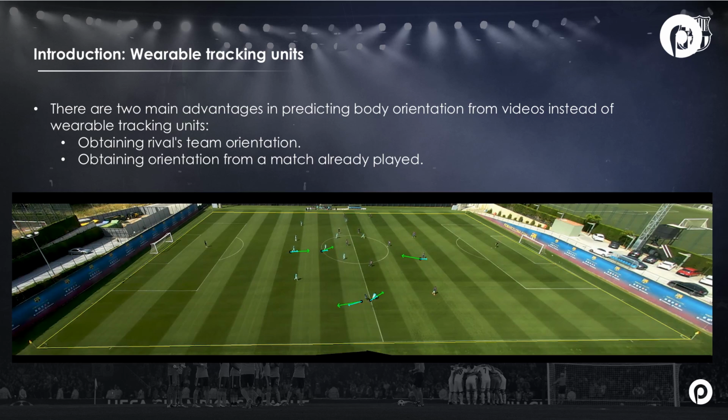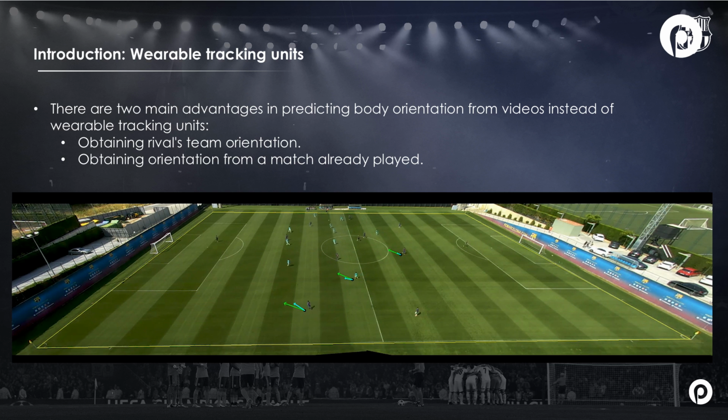On the other hand, we can get body orientation from wearable tracking units, which are the ones that the players were also using. In the video, you can see the green arrow is the orientation, and the blue one is the velocity vector. They don't always correspond. But wearable tracking units have several issues.